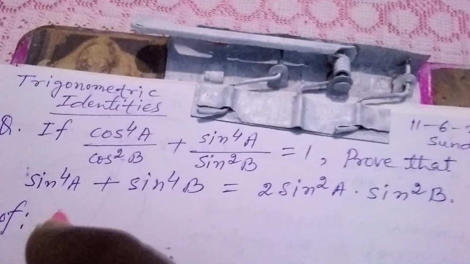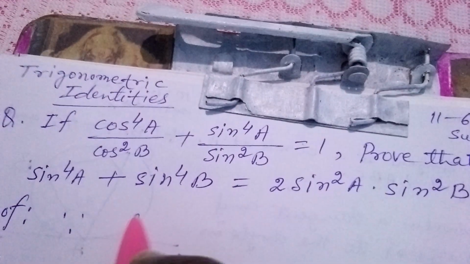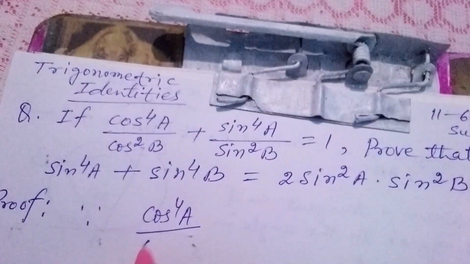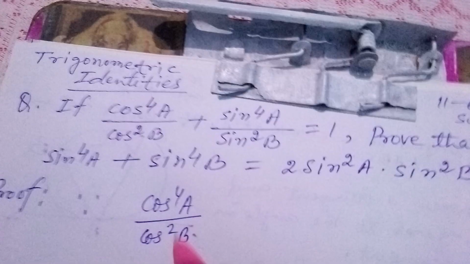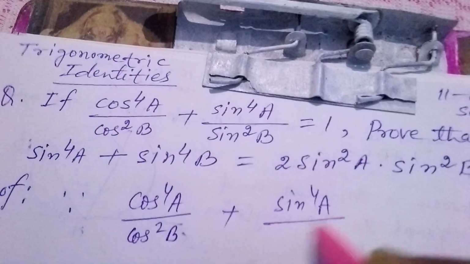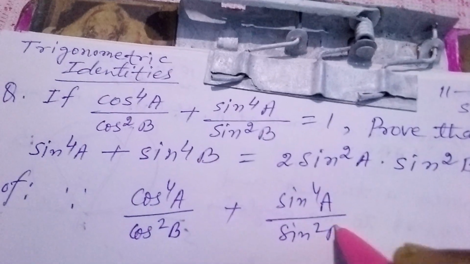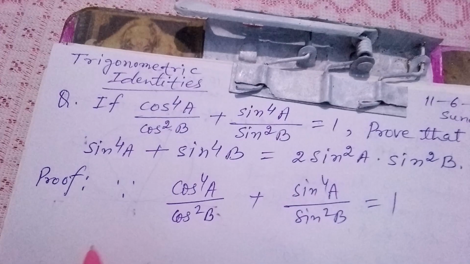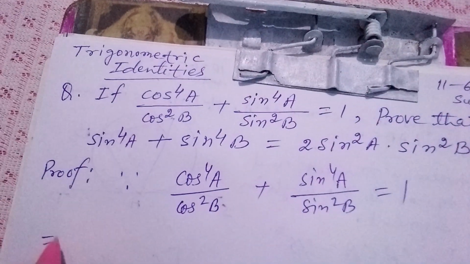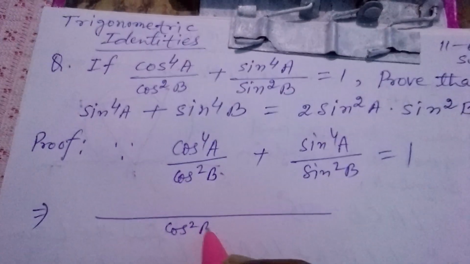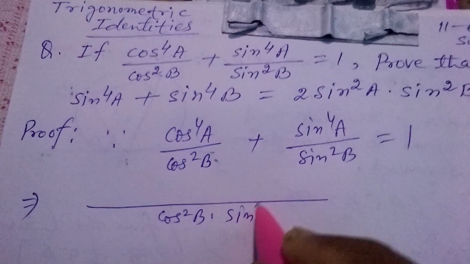So let's start. Since cos to the power 4a by cos square b plus sin to the power 4a by sin square b is equal to 1, this is given. Now we'll find the LCM. The LCM is cos square b into sin square b.